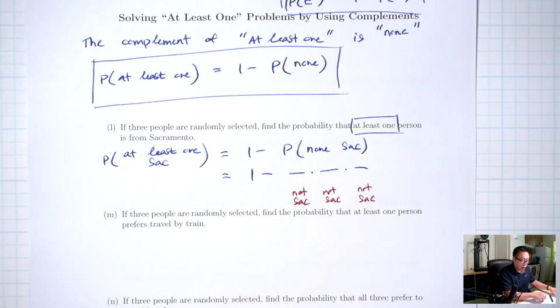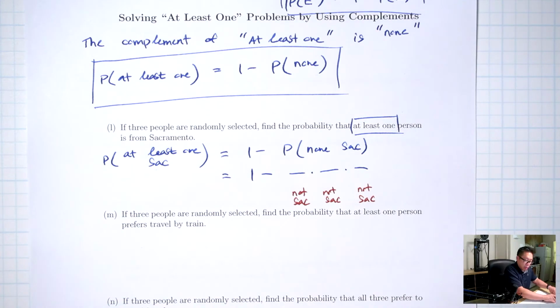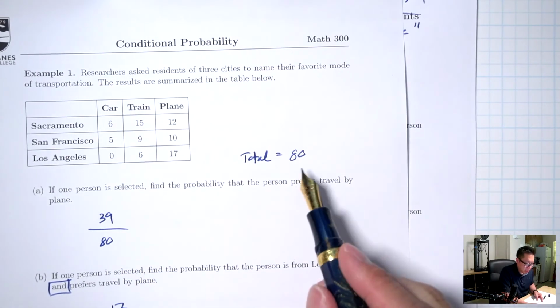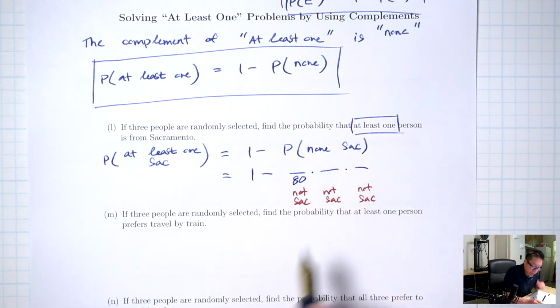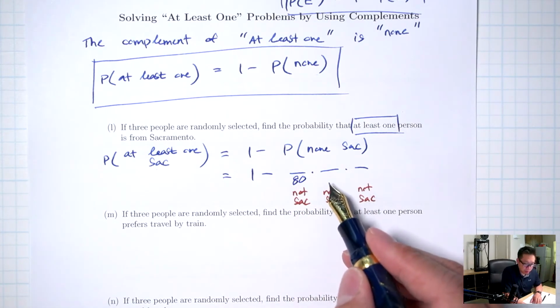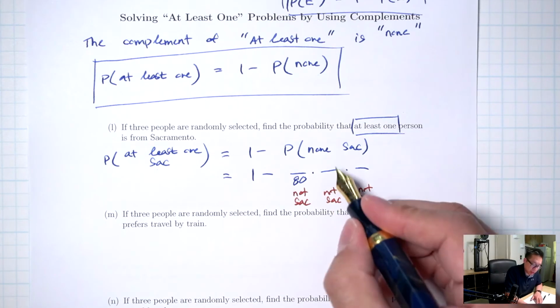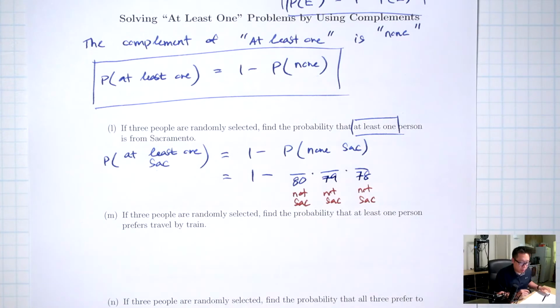All right, so first fraction, the bottoms should be everybody. Everybody's 80. And then let's actually fill the bottom for the other fractions. So 80, and then the second person, because we chose 1 person already, that's going to reduce down to 79, and then 78. Okay. First fraction top, I want not Sac.